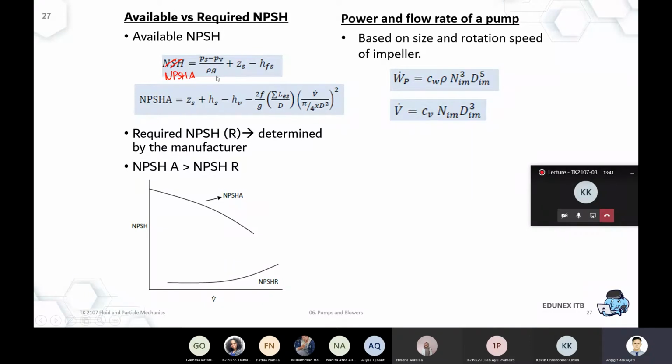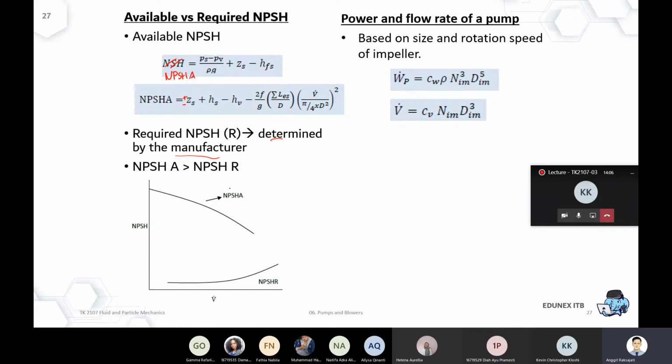Again, that's plus or minus as in the previous slide. But the required is determined by the manufacturer to compensate for the additional pressure drop that may occur when the liquid enters the pump. Okay, so we can imagine.